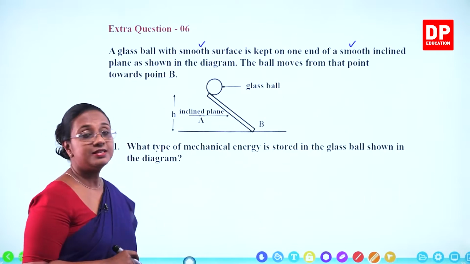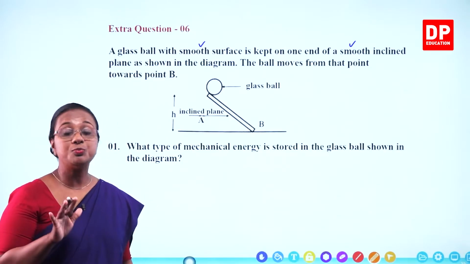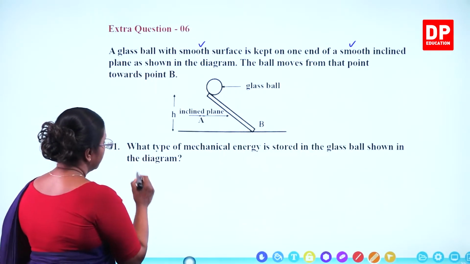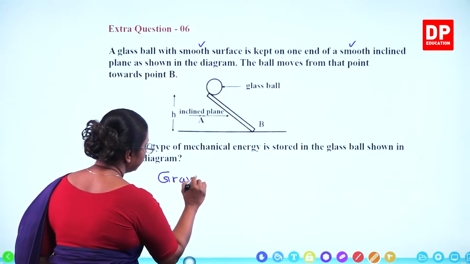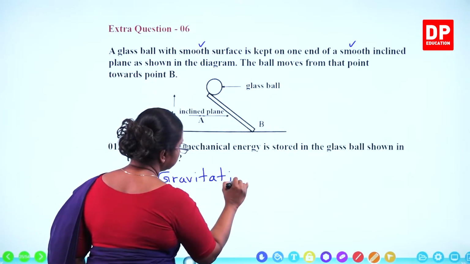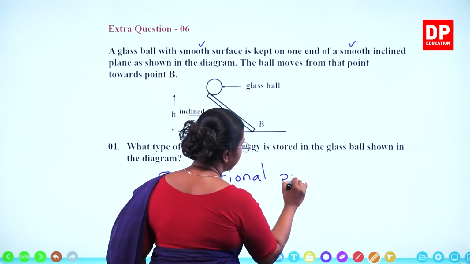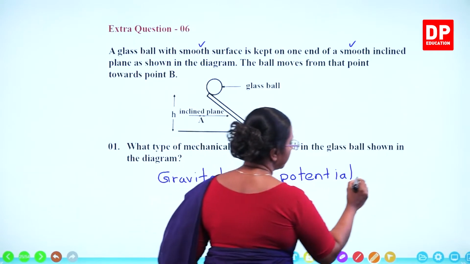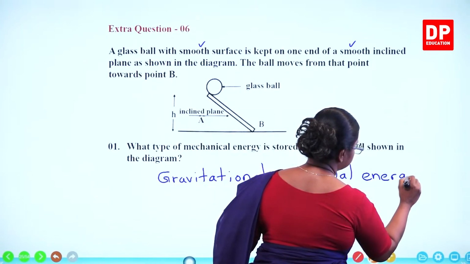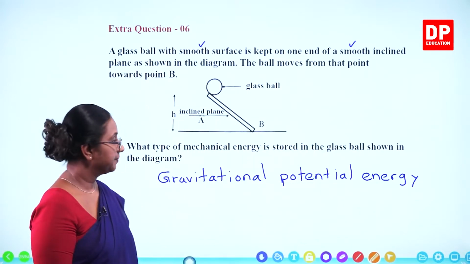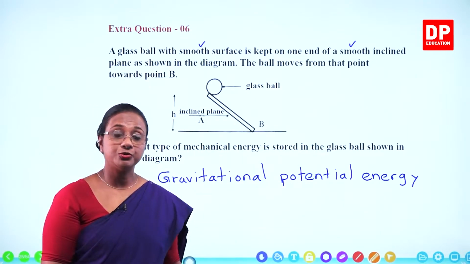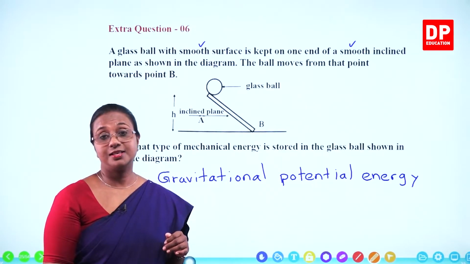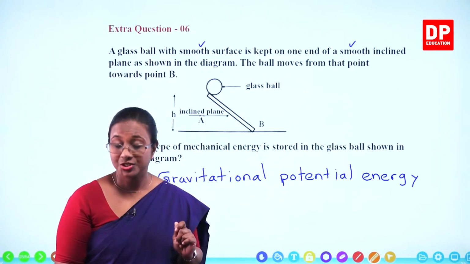So you can write the answer as potential energy, but to be more specific, it's better to write it as gravitational potential energy. Energy stored in an object due to its position, and here because the work is done against the gravitational acceleration, it is gravitational potential energy.